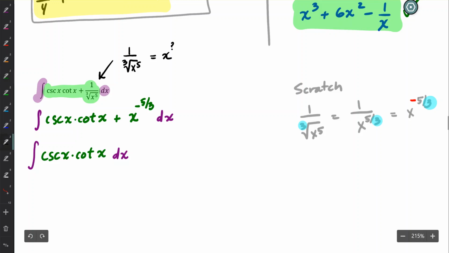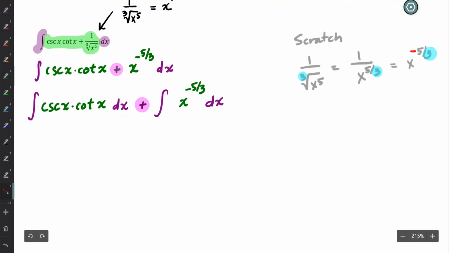And then separately, here's this addition sign, I'm going to ask myself the derivative of what function is x to the -5/3. All right, take a second. The derivative of what function is cosecant times cotangent?